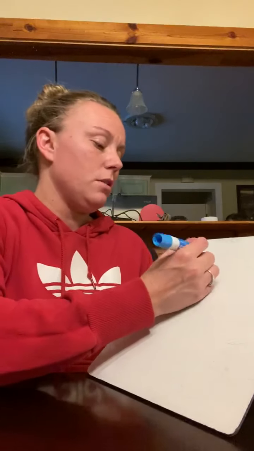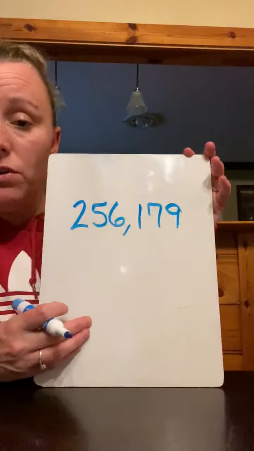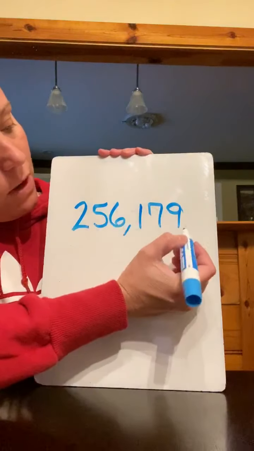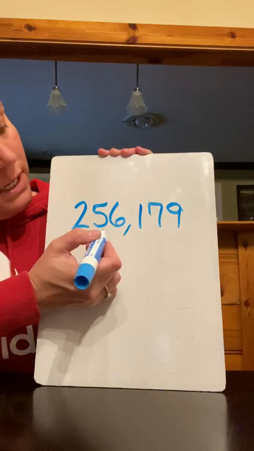So let's do another number. If we have 256,179. So let's say I want you to round this number to the nearest 10,000s. I'll go 1s, 10s, hundreds, thousands, 10,000s.